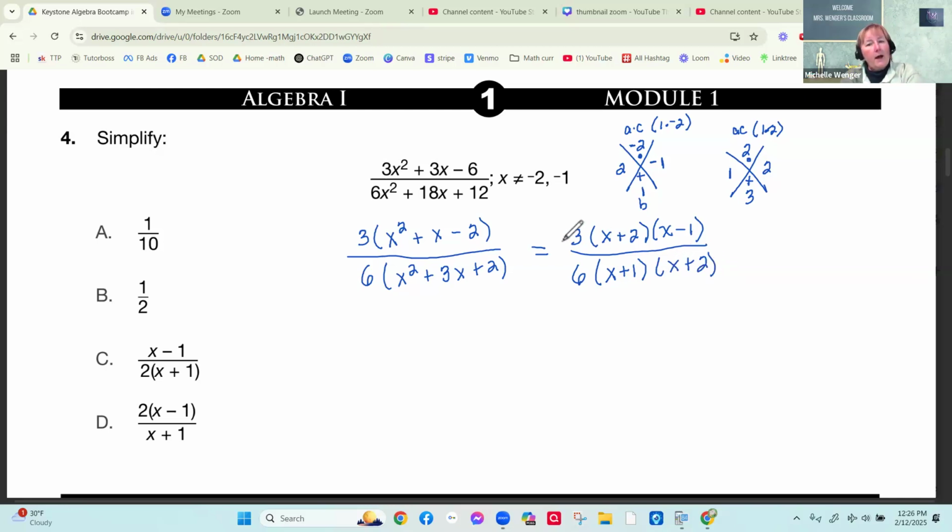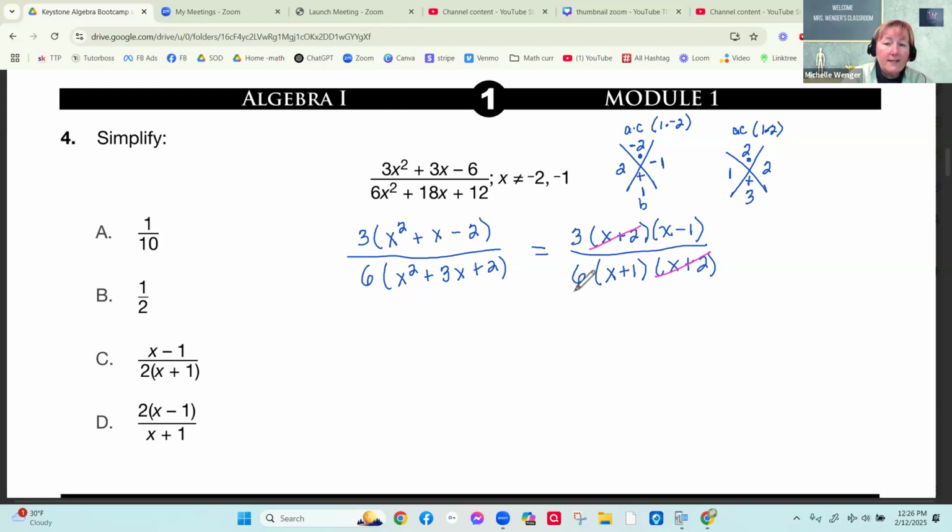So now I have 3 factors in the numerator and 3 factors in the denominator. Factors are numbers that you multiply to get your original. As I'm going through this, I know that x plus 2 and x plus 2 are the same thing, so they will reduce to 1.